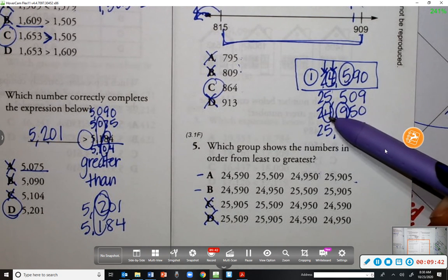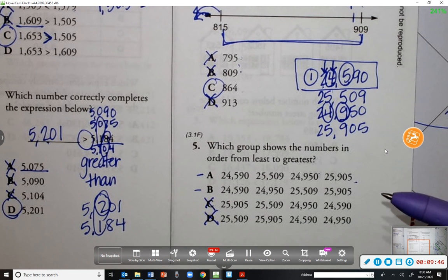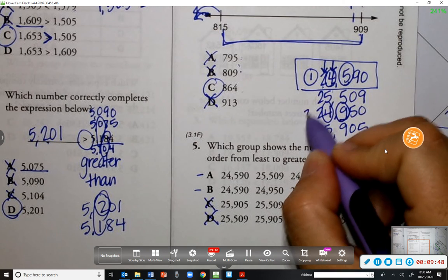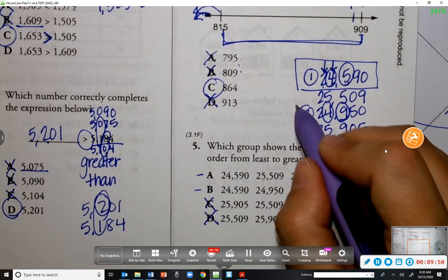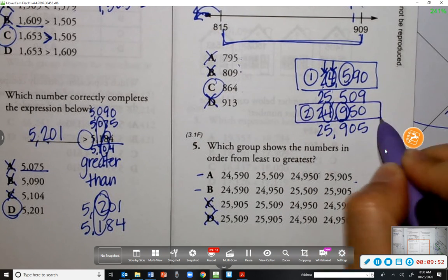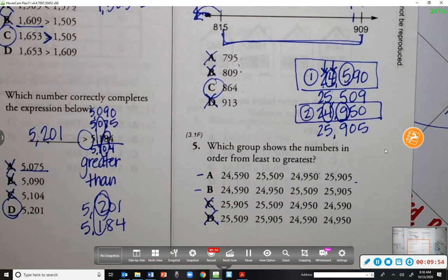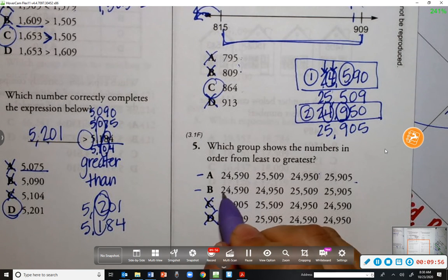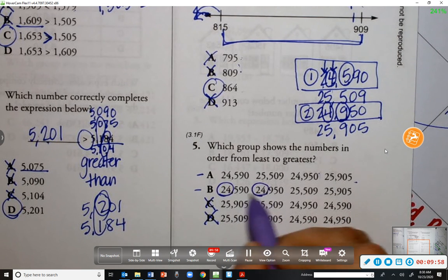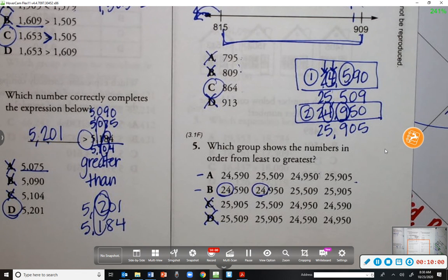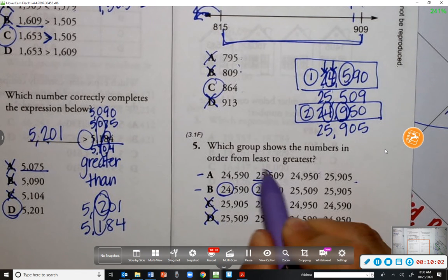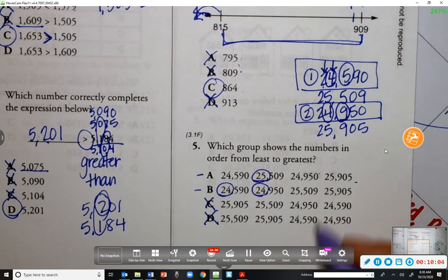We have to stay here with the 24s to be the next least, right? So this one would be second. Can we already tell what our answer is? B. B, good, because it has both of the 24,000s in the front. This one had 25,000 coming next.